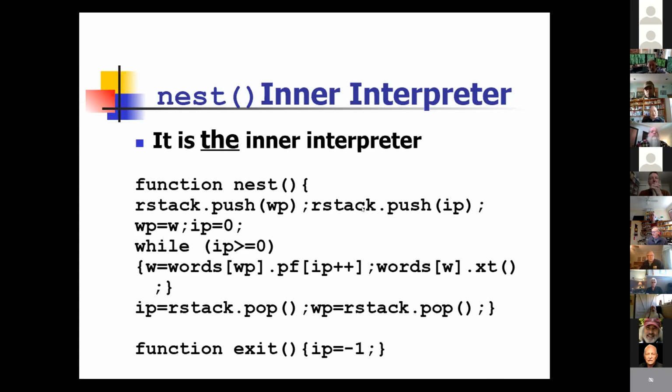It really does not know where it ends. It is the function exit in the token list, which sets IP to -1, and IP to -1 will cause nest to exit this infinite loop. So this is the most important inner interpreter, and I would say it's the inner interpreter if we don't want to talk about the other types of words.